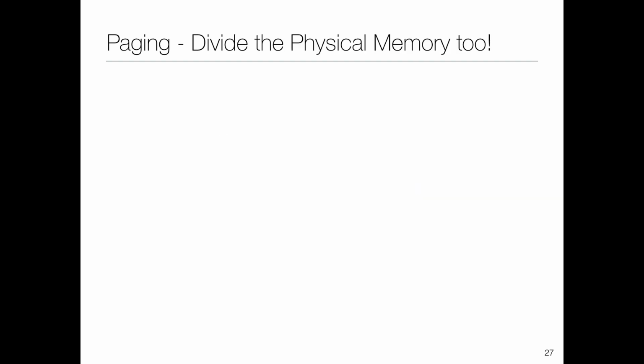But if you're dividing the virtual address space, do you divide the physical address space also? Yes, no? Why? Why do you think we should not? Technically you could get away with it because you're providing an abstraction, you could hide those details.